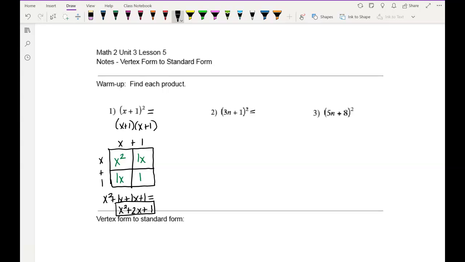So the quantity 3n plus 1 squared, 3n plus 1 times 3n plus 1.